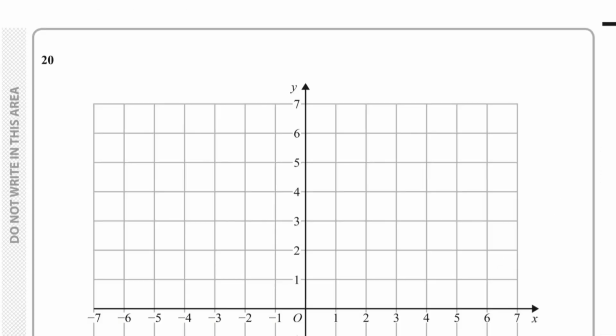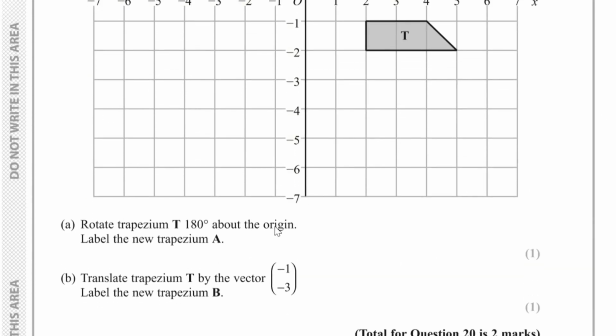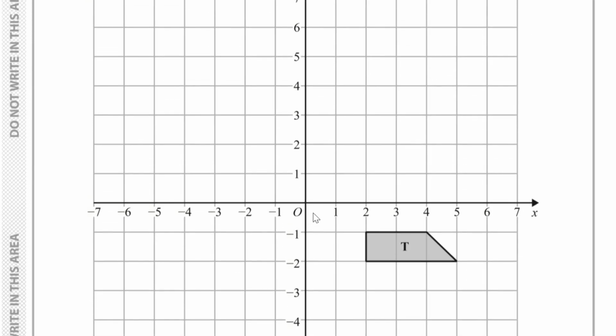Question number 20. We've got trapezium T over here, and we have to rotate trapezium T 180 degrees about the origin and label it trapezium A. Well, if I rotate it, then from this point to this point, I go 2 this way and 1 down.